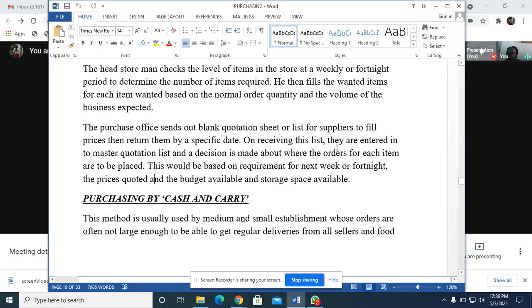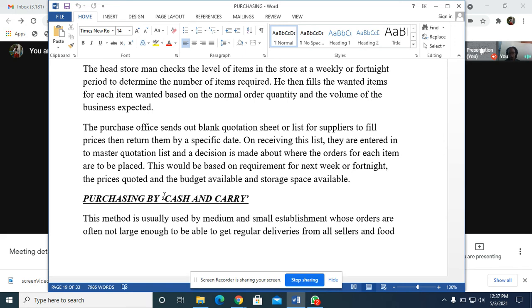On receiving the list, they are entered in a master quotation list and a decision is made about where the orders for each item are to be placed. So that means that after the receipt of the list, they are entered into a master quotation list where a decision is made on who is going to be supplying these commodities.